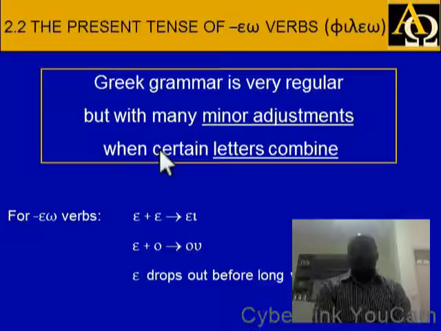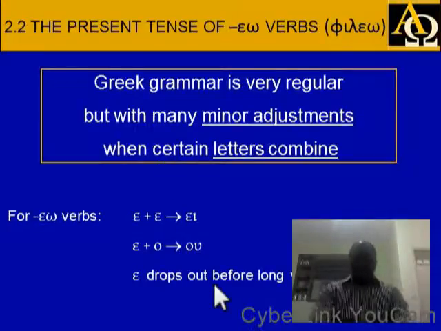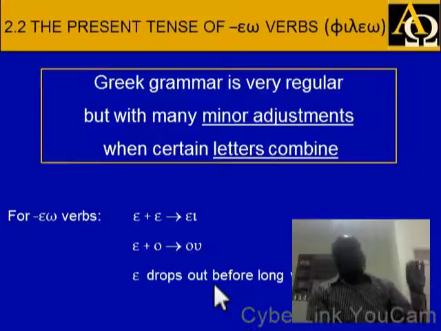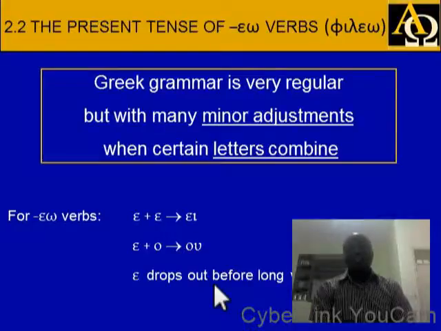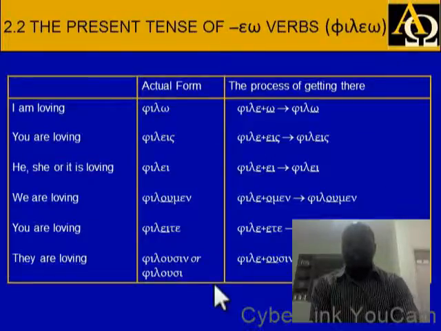Epsilon plus omicron combine to form ou. And before a long vowel, epsilon drops. Why is this important? Because when you put the endings of luo onto an epsilon-omega verb, you have to drop or combine certain letters so that you form the way the word should look. So let's look at how phileo looks when it's conjugated.